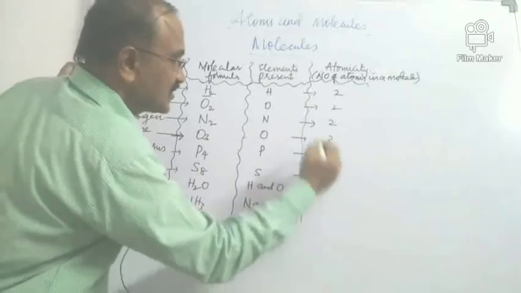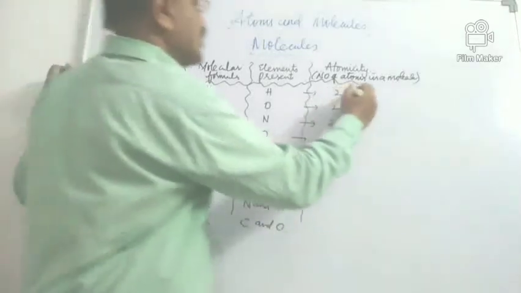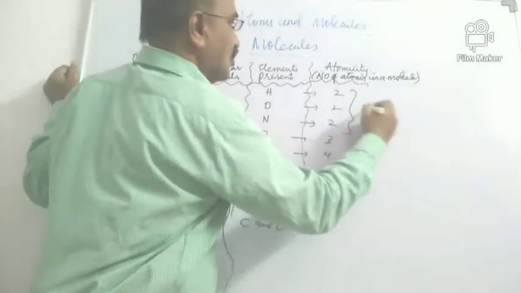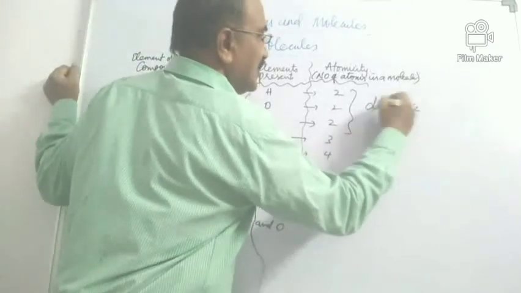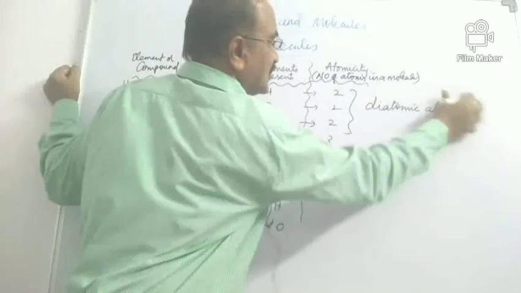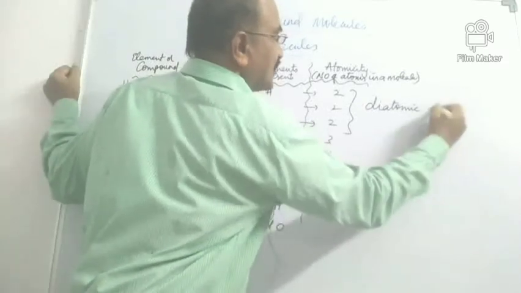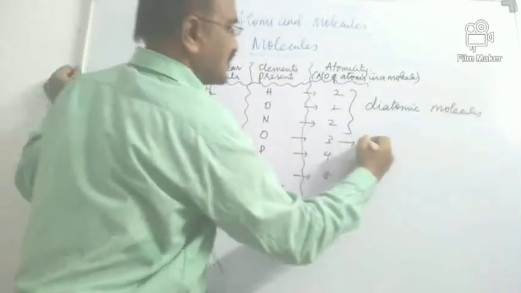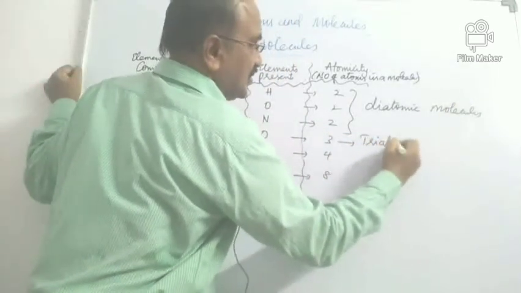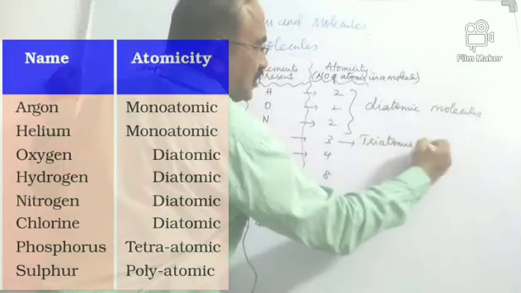Okay, good. And certainly these are called diatomic molecules. Now what about this? This is a triatomic molecule. The atomicity is 3.